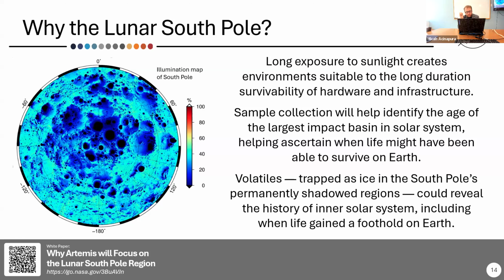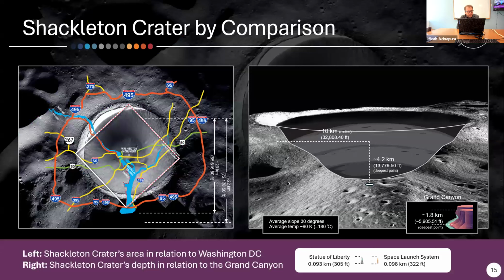Right at the South Pole, one of the most interesting craters is called Shackleton Crater, which you may or may not have heard of. To give you a sense of scale, Shackleton Crater is roughly the size of Washington, D.C. It's a little bit deeper than Washington, D.C., and it's definitely a very interesting place where we believe we can go down there. There's potentially some really interesting opportunities to get some water that we can go drive around and harvest.